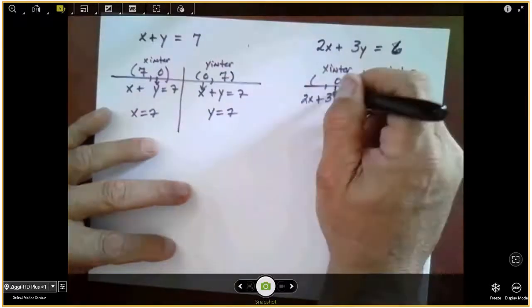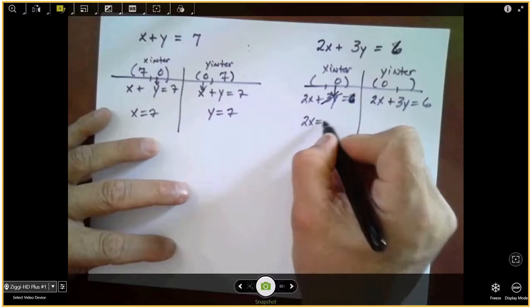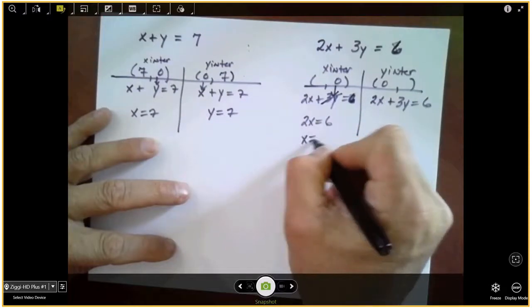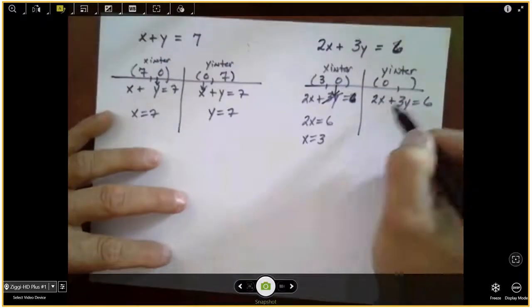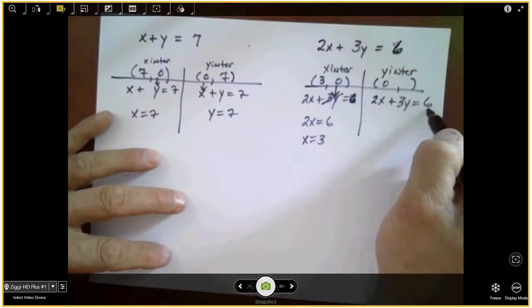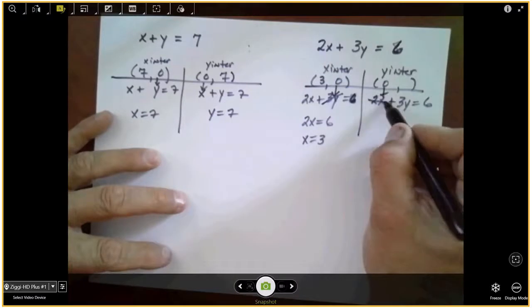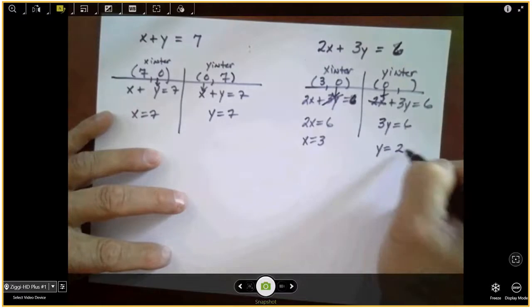That goes there, so that whole thing goes out. 2x is equal to 6. X is equal to 3, so 3 goes there. 2x plus 3y is equal to 6, so that x goes there, knocks that out, so 3y is equal to 6, y is equal to 2.